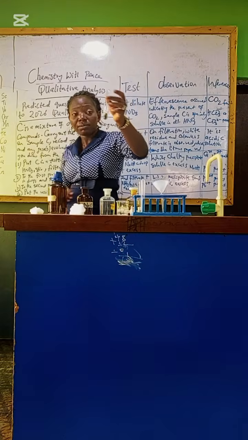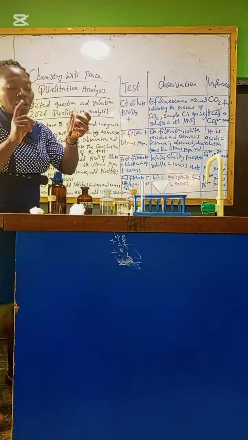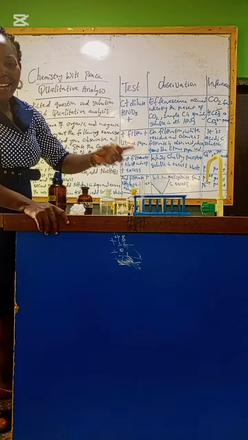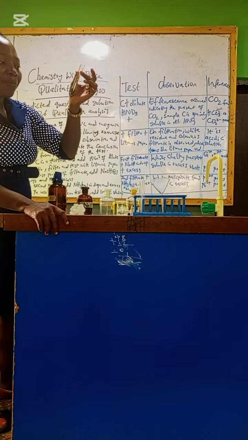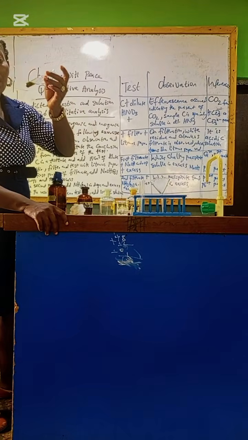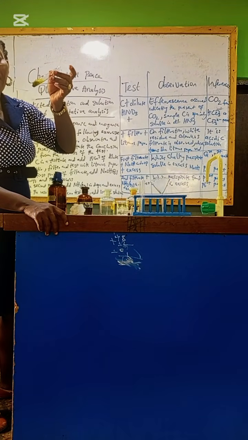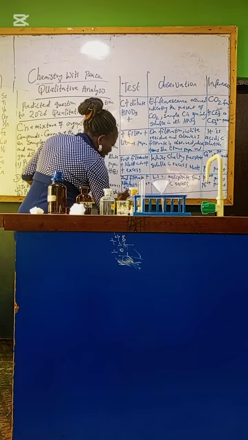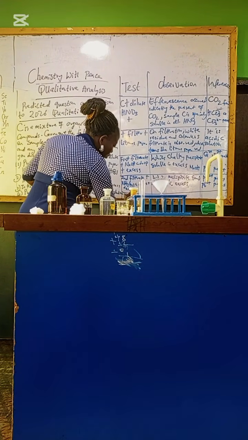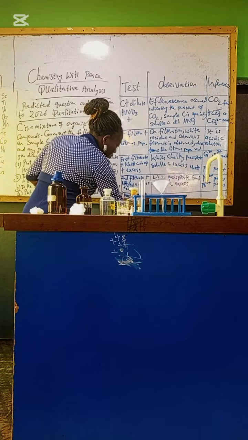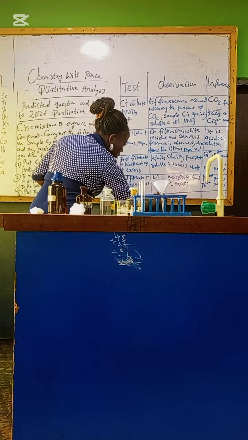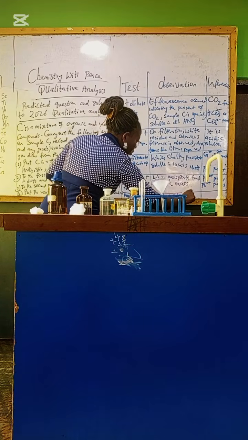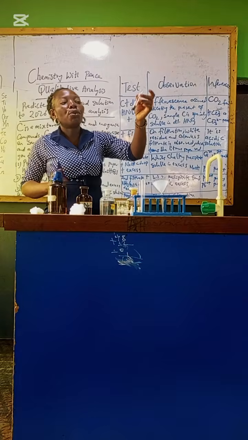Oh, I forgot to bring it closer. So the residue, we just added it here and added iodine solution. This is blue-black coloration. Residue plus iodine: blue-black coloration is formed.